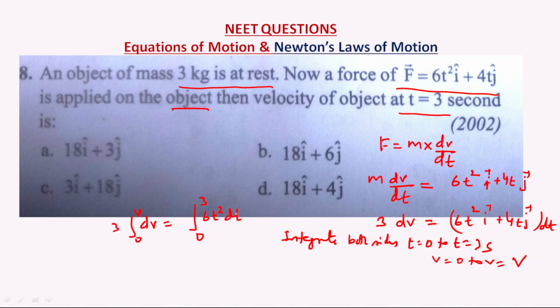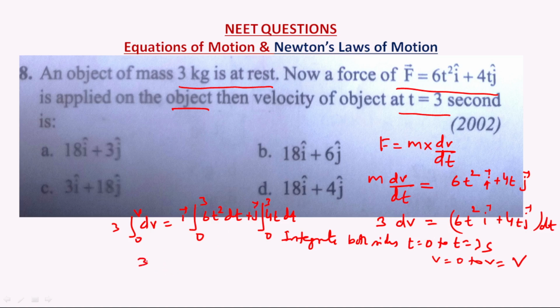6t square dt in i direction, plus 4t, 0 to 3, dt in j direction. So what will it be?